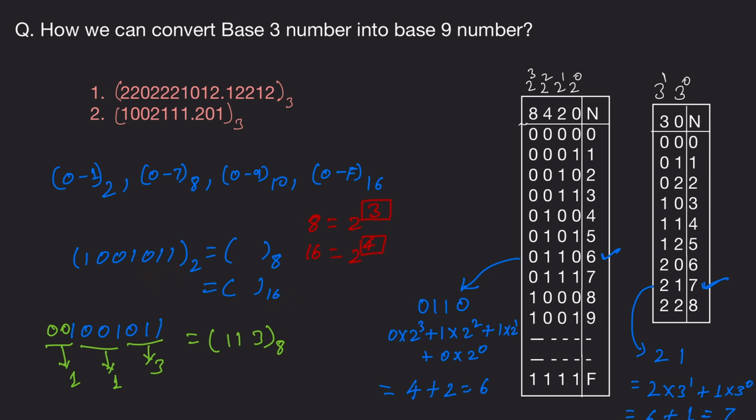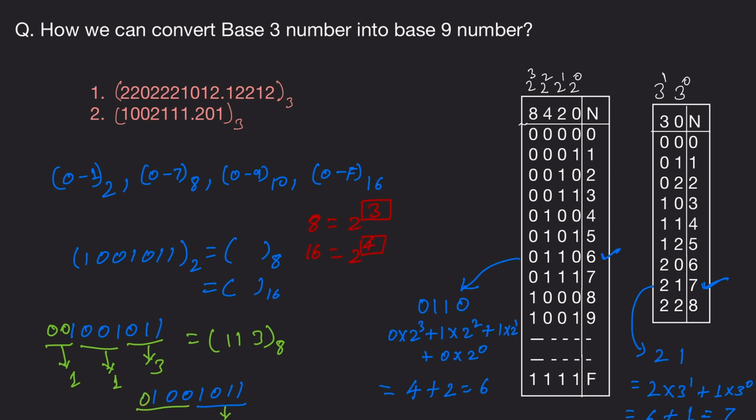If we have to convert it into a base 16 number, make pairs of 4 bits. First write the bits 1 0 0 1 0 1 1, and make pairs of 4 bits. Here there are only 3 bits, so add one more 0 and make a pair.